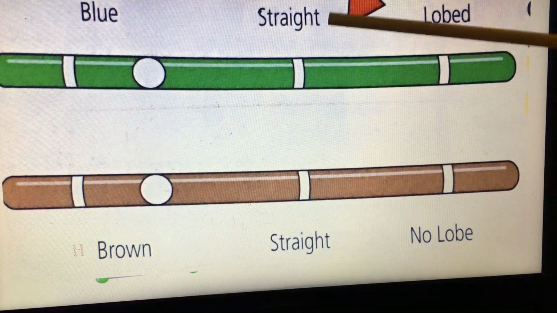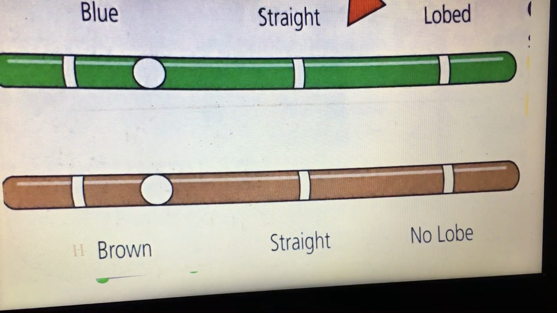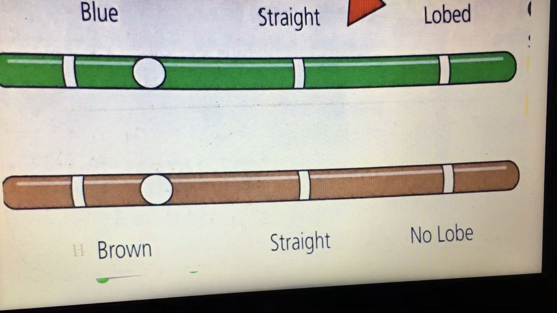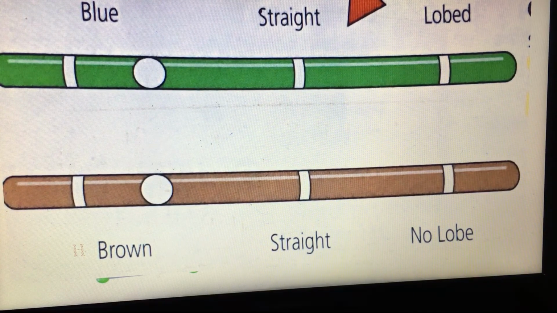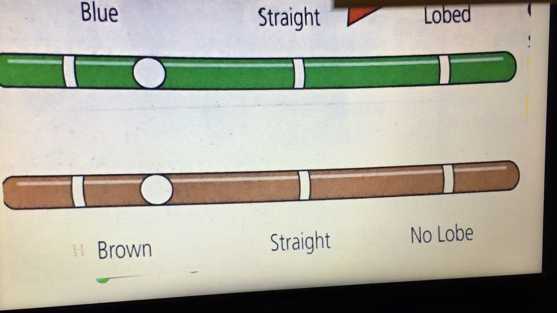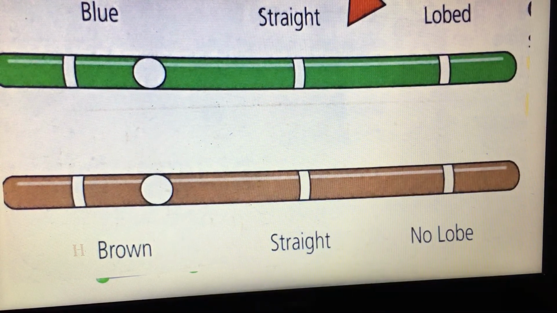So both members of the homologous pair are the same. So this cell is homozygous for this characteristic, which is hair texture. So if we have both alternative forms, we call it heterozygous. But if we have the same form, like straight in the first chromosome and straight in the second chromosome, we call it homozygous.